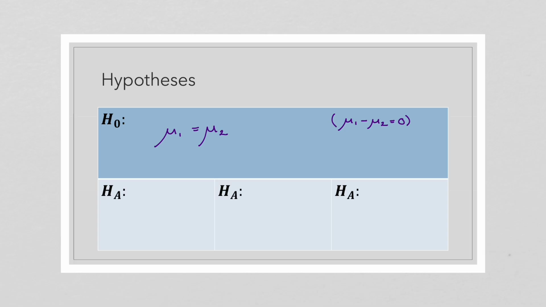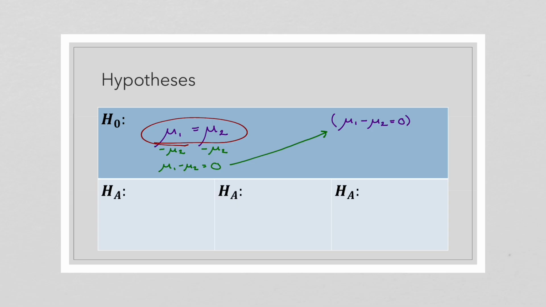You do not need to write it that way, and if you're curious how they got that, if we come back to the original equality, if you subtract mu sub 2 from both sides, that gives us mu sub 1 minus mu sub 2 is equal to 0. So that's how we are getting that result. You can choose to write it as I have in purple over here on the left.